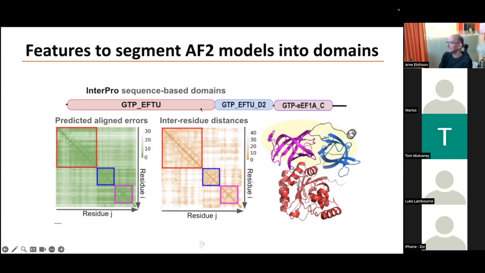We take the domains annotated in InterPro, which is sequence-based annotation. Then we add the structure features from the AlphaFold model, including inter-residue distances and predicted aligned error. This allows us to predict domains. For example, in this protein, we parsed three domains, and you can see each pair of domains seems to be interacting with each other.